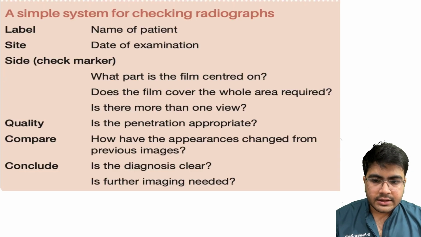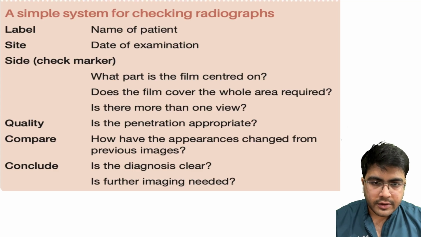The next thing is whenever you get a radiograph in your hand to examine, you need to check. There is a simple system for checking radiographs, and you need to go systematically, starting from the label of the radiograph.